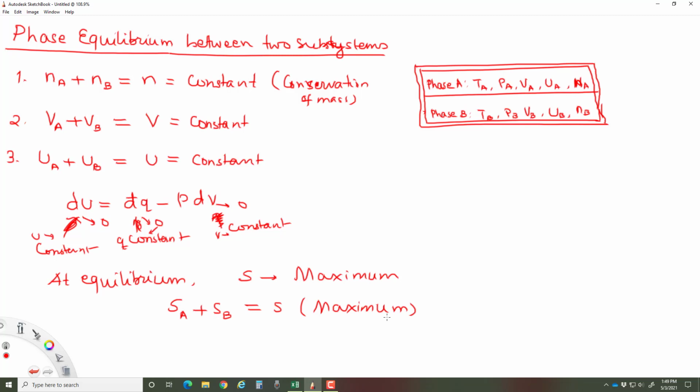Now let's change all the variables that define the subsystems by an infinitesimally small amount.